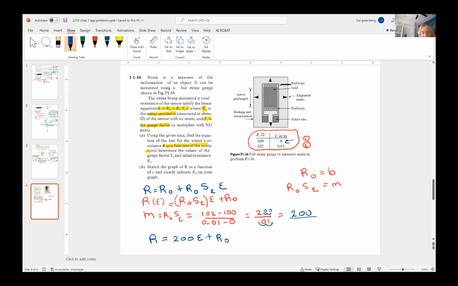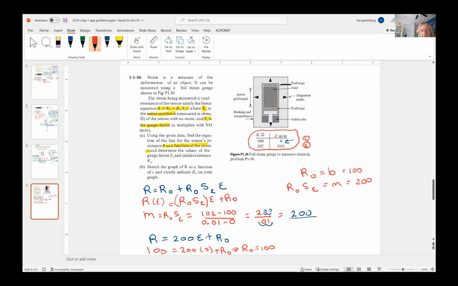I could just plug in 0 for epsilon, and you'll see that R equals R0 and R equals 100. So if we plug in those numbers, I have 100 equals 200 times 0 plus R sub 0, which means that R sub 0 is equal to 100. So we know that R sub 0 is equal to 100, and we know that M is equal to 200.